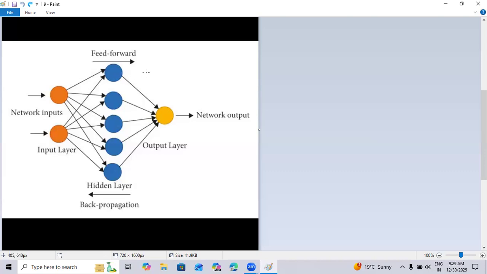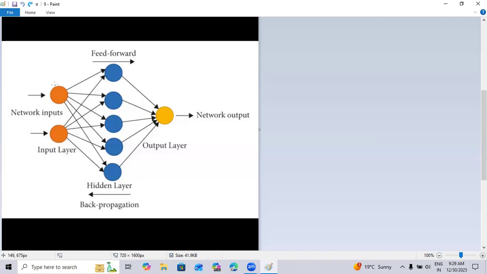The data moves forward through the network, each layer performs calculations, and finally the prediction is the output.